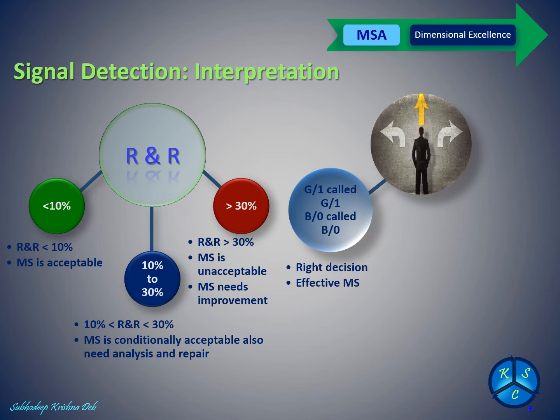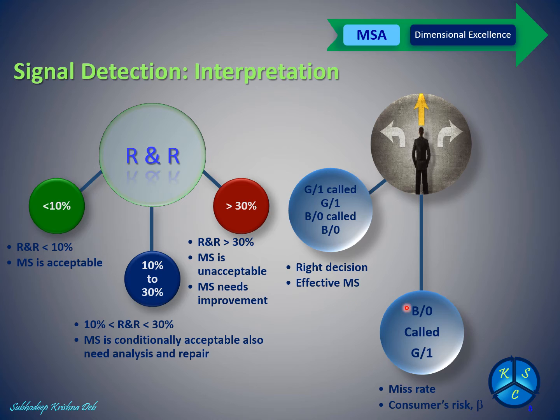There are some cases wherein a good part is called good, and a bad part is called bad. That is the right decision, and the measurement system is said to be effective. If a bad part is called good, such cases are termed as miss alarm, also known as consumer's risk, indicated by the symbol beta.